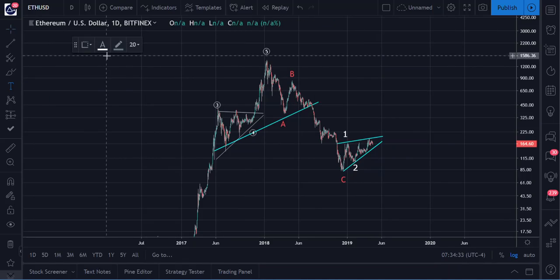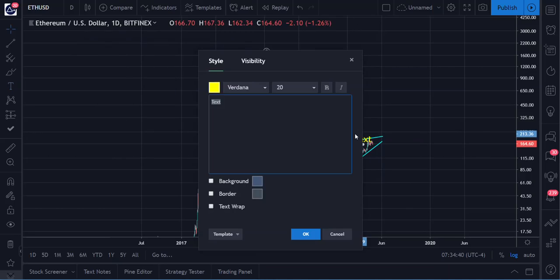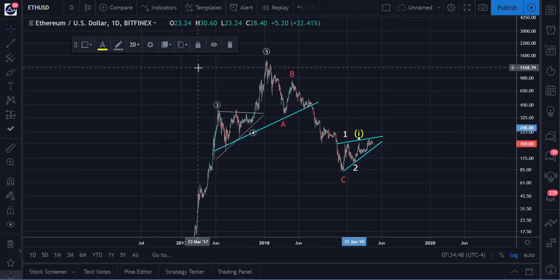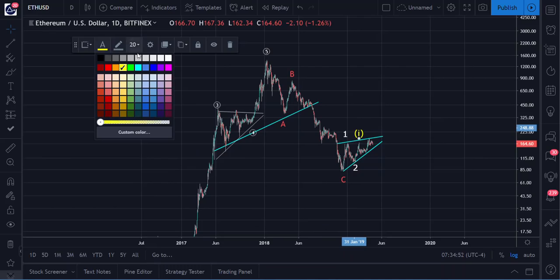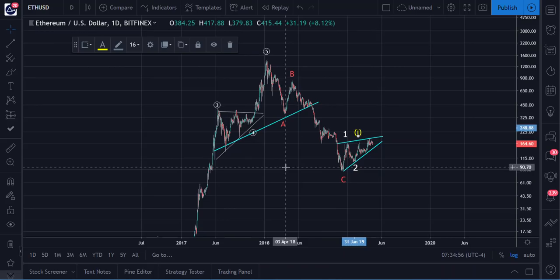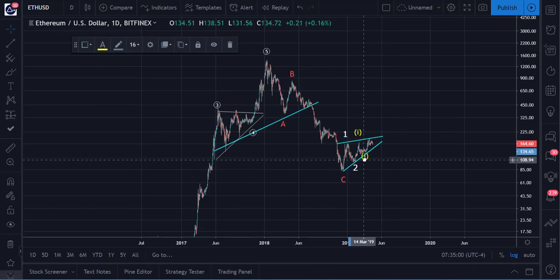So this wave 3 now must probably have wave 1 of white 3. So yellow is subwave 1 of that white 3. Okay? And then we have the wave yellow 2 of white 3 residing here, let's say.